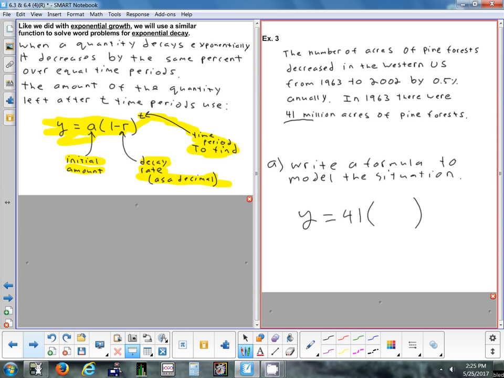What's going to go next to the parenthesis? 1, then minus. Now be careful. What's my percent here? 0.5%. So how do we fix that so we can use it? 0.005. Any question on why that's your rate?